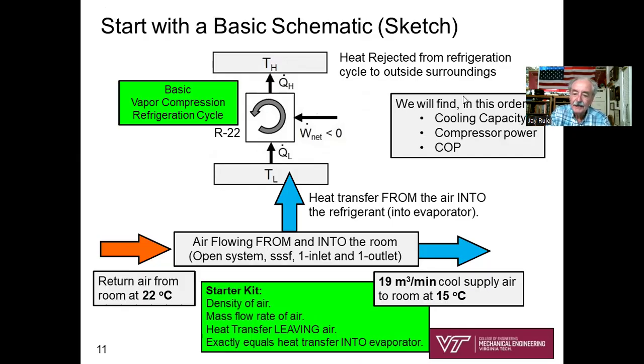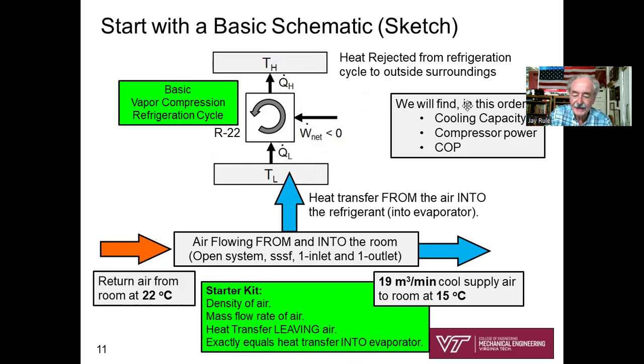What else do we have in our schematic? We've got air coming back from the room that's warm. It's being cooled down in the black box, and it's coming back out cooler and making you comfortable.